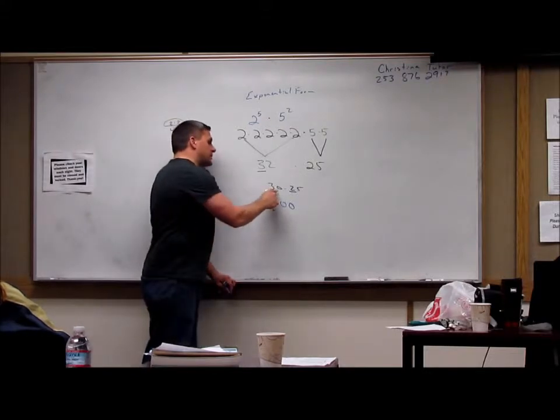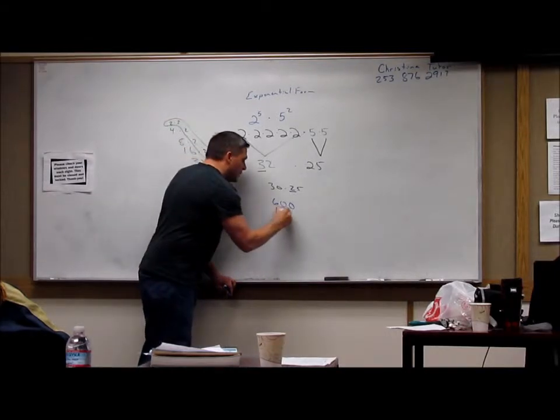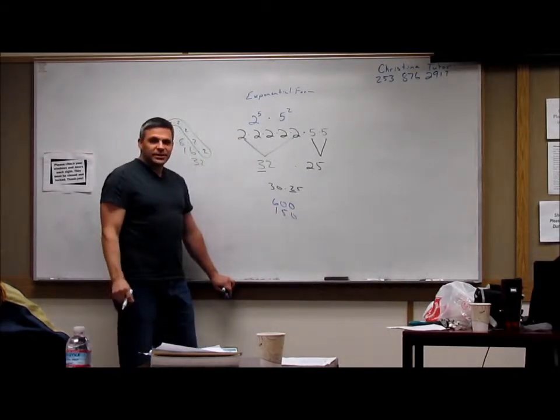So now I'm going to take the 30 times the 5, which is 15, plus the 0 is 150, right?